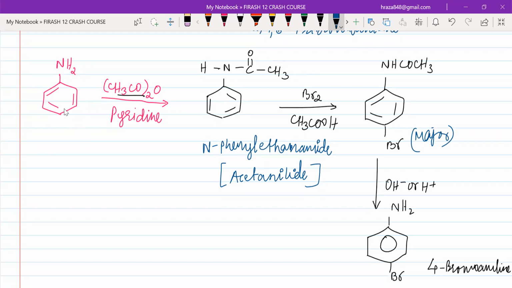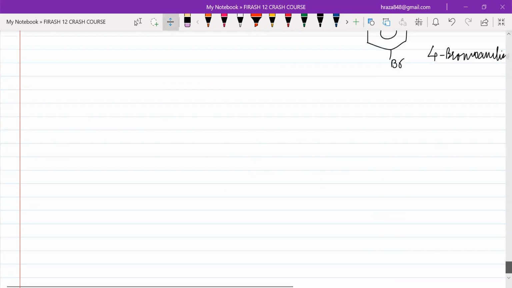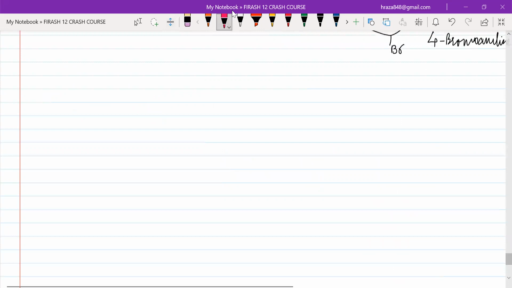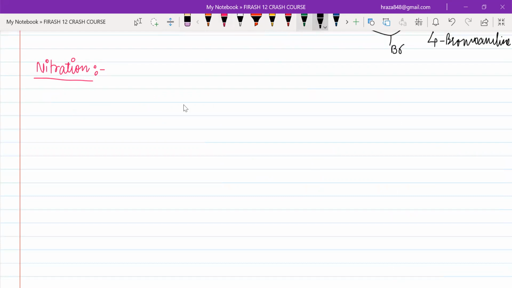Okay. After bromination, we have nitration. And we are going to add nitro group to this aniline again.